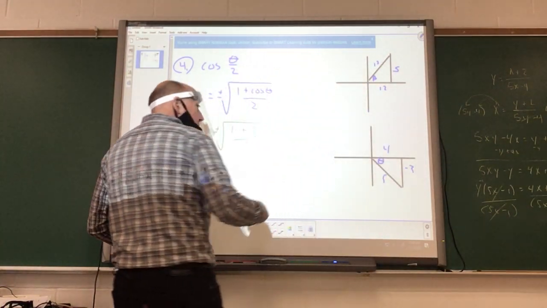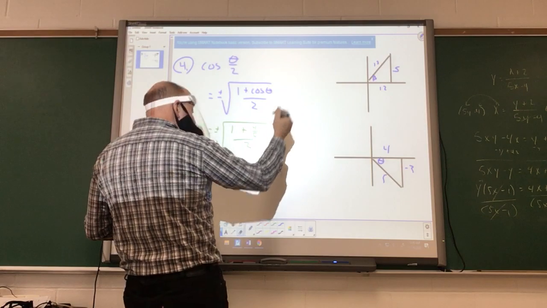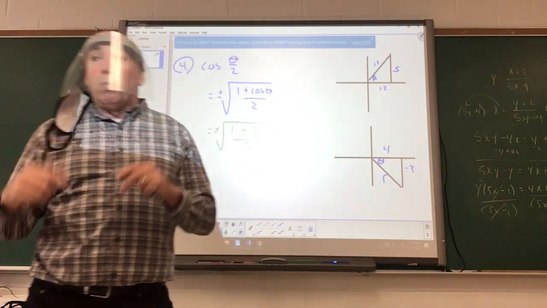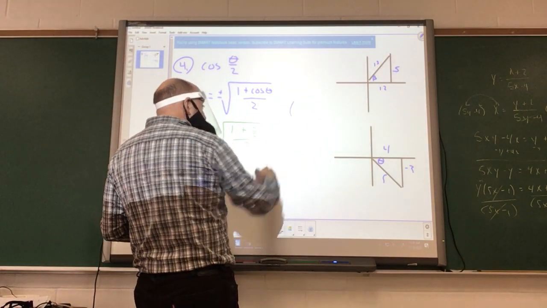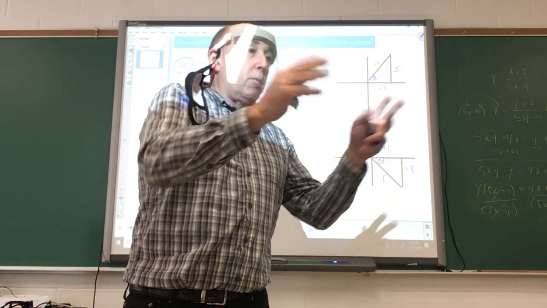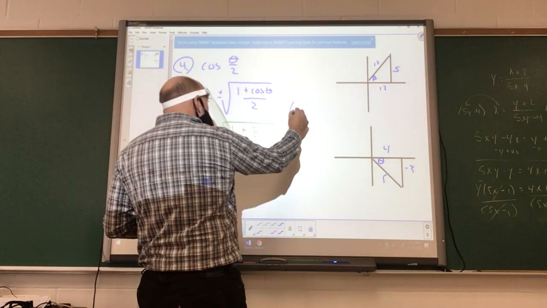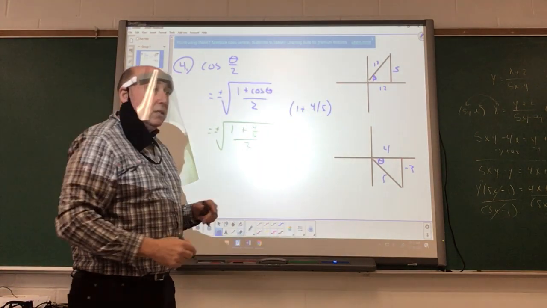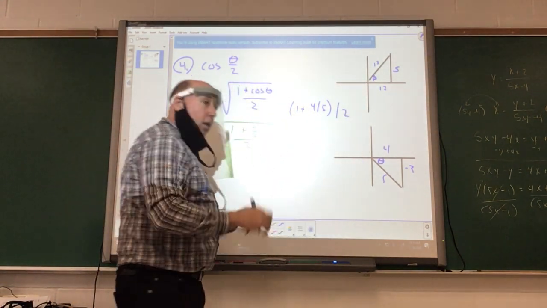Once again, if you haven't, everybody do it again. Get your calculator out and do this so I make sure that we know how to do this. Parenthesis, and don't try to skip steps here. Don't say, well, I'm going to hit enter here, then hit, no. Just type in 1 plus 4 divided by 5, end parentheses. Divide by 2, all in one line.